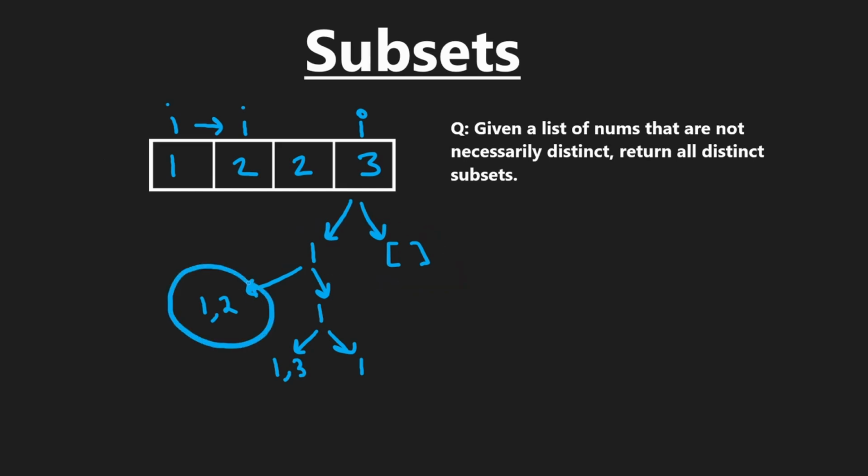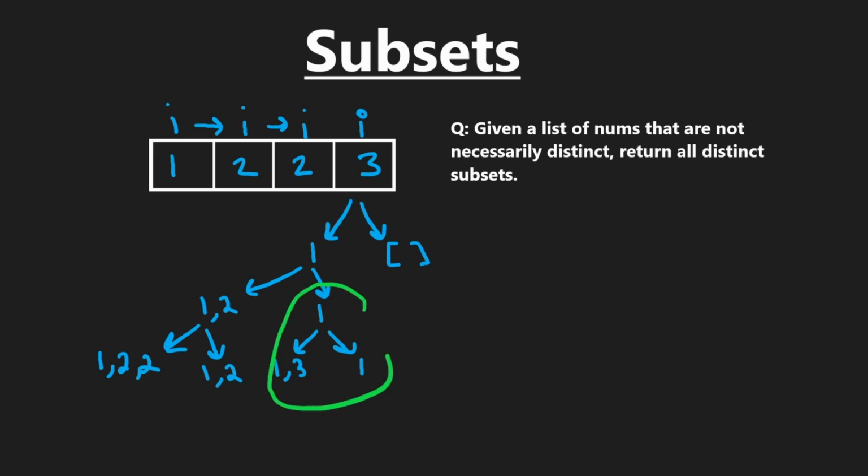But to focus back here, where the duplicates actually occur, here we have 2 more decisions now. We're at the second 2 over here. We can choose to include the second 2, where we would have 1, 2, 2, and here we can choose to not include the second 2 where we just have a single 2. So now you probably get the idea.